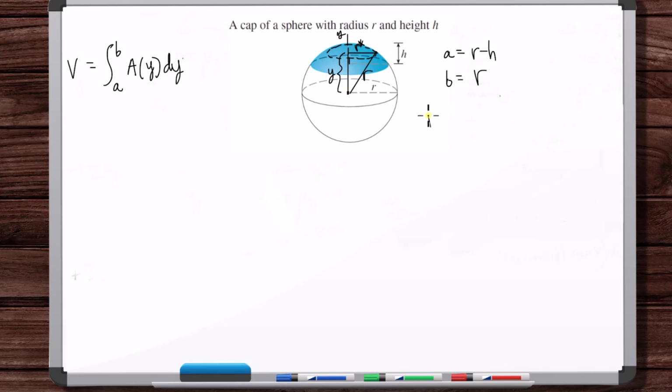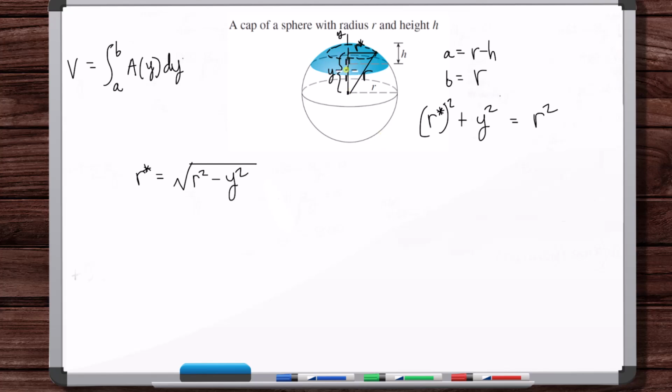And so R star squared plus y squared is equal to r squared. And so R star is equal to the square root of r squared minus y squared.